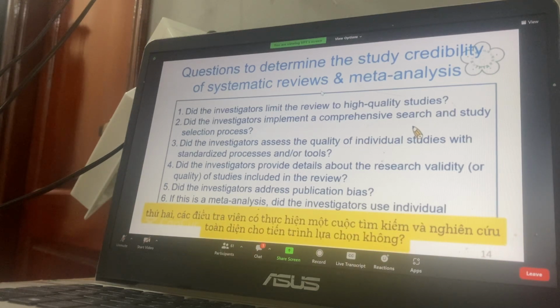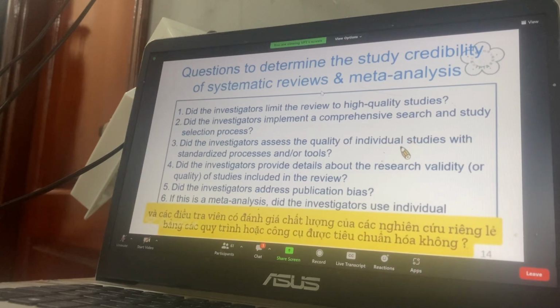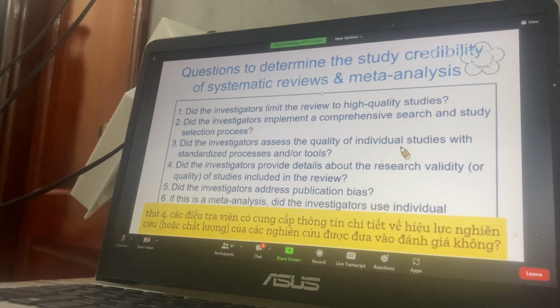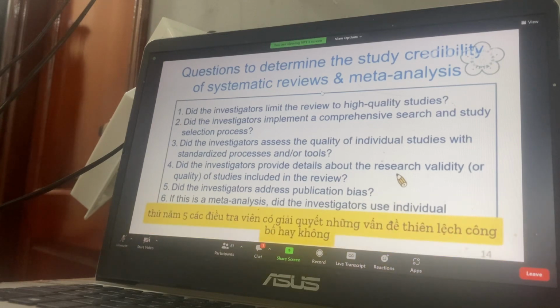Second, did the investigator implement a comprehensive search and study selection process? Third, did the investigators assess the quality of individual studies with a standardized process and or tools? Fourth, did the investigators provide details about the research validity or quality of studies included in the review?